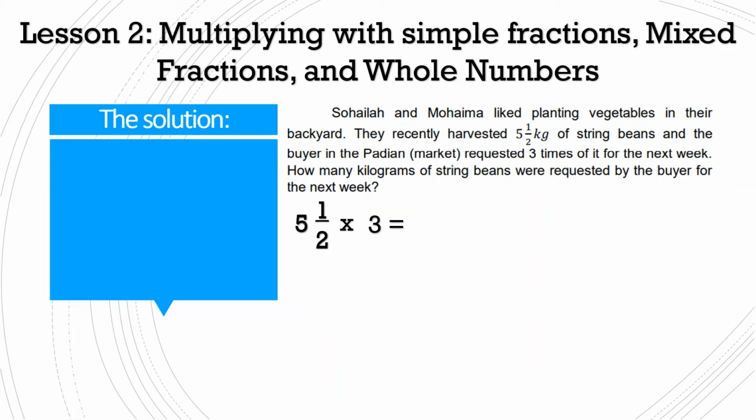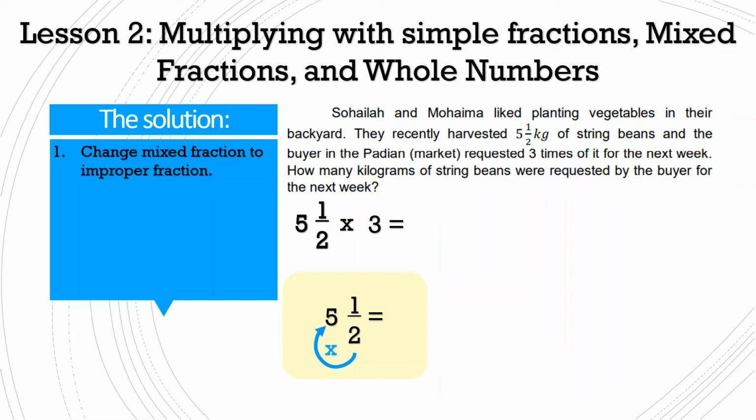This is our solution. First, we are going to change the mixed fraction to an improper fraction. So we write down 5 1/2, and then we multiply the denominator, which is 2, by the whole number, which is 5. So 2 times 5 is equal to 10.